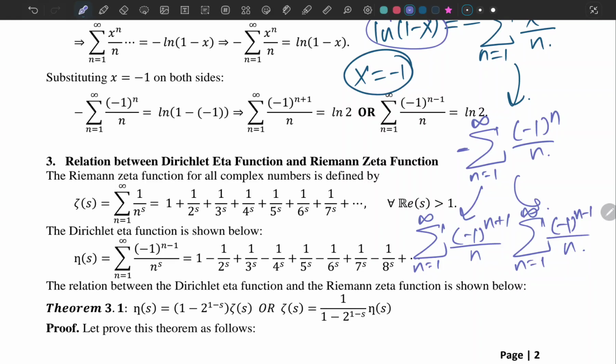Basically these two things are equal to each other, as we discussed earlier, right?